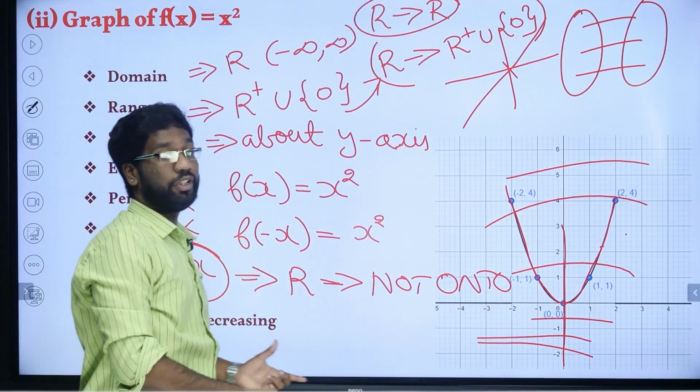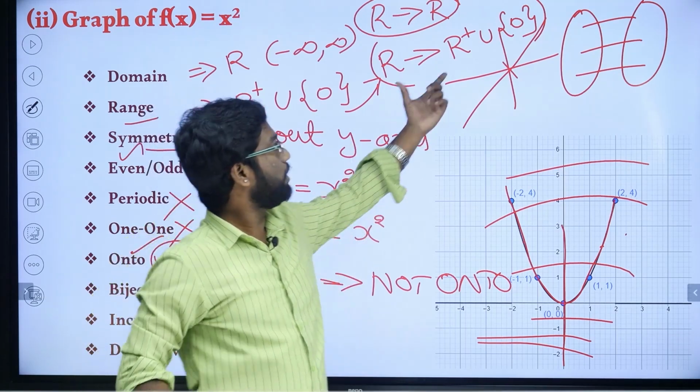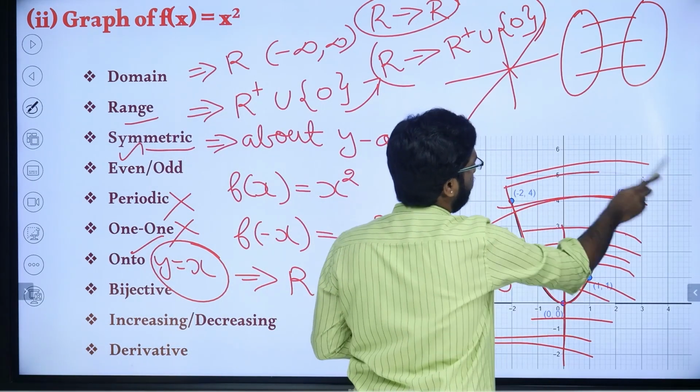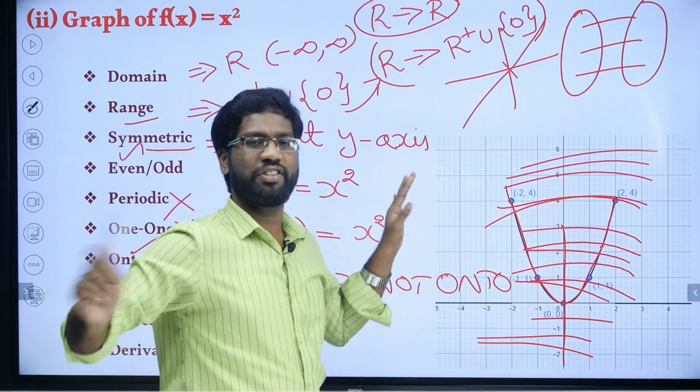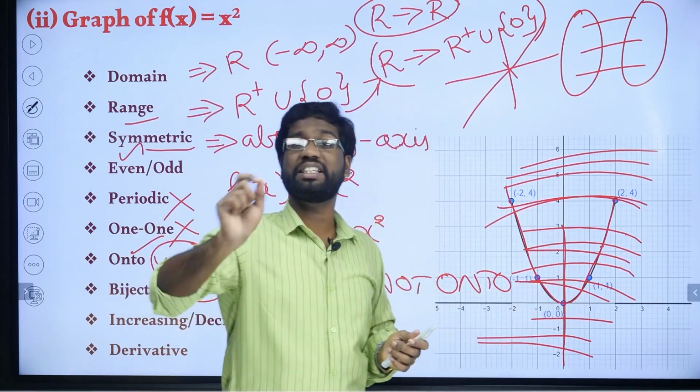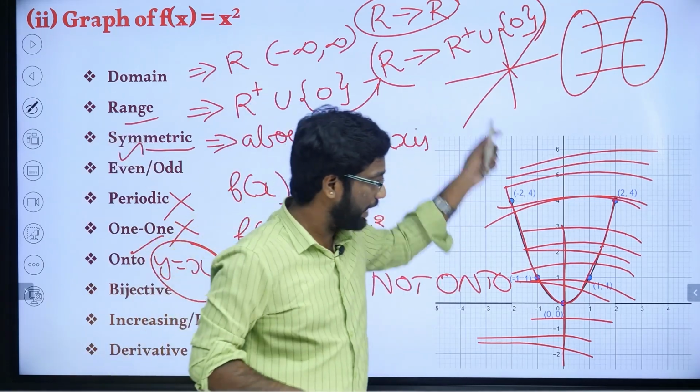I hope you understood it well. Whatever values there are, the line is going to cut everywhere here. For me, no problem whether it takes 2 values, 3 values, 4 values, but it has to cut. It has to touch all the lines in the entire graph.